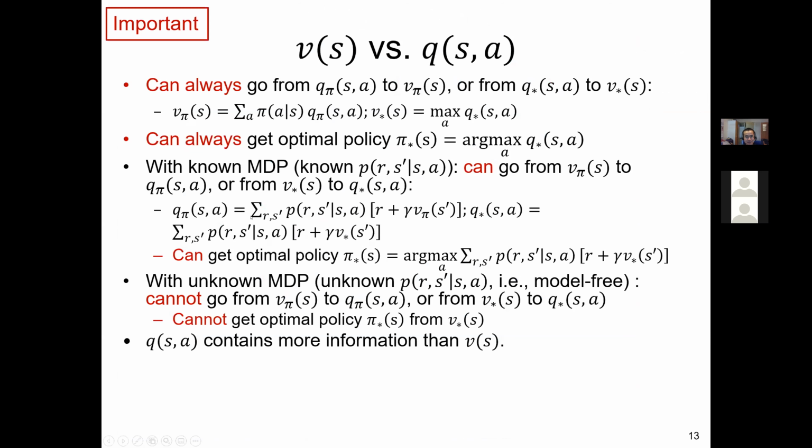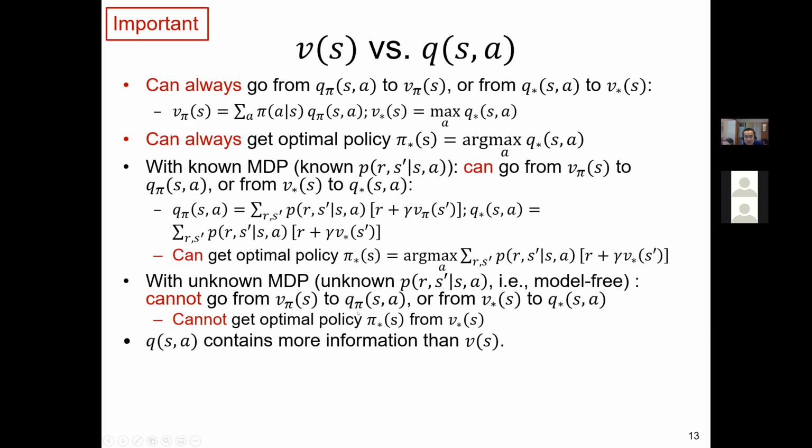But with a known model, you can do the derivation, and also you can get the optimal policy pi star by this equation here. All these equations have this term of sigma over r, s prime of p, and that's the MDP model.